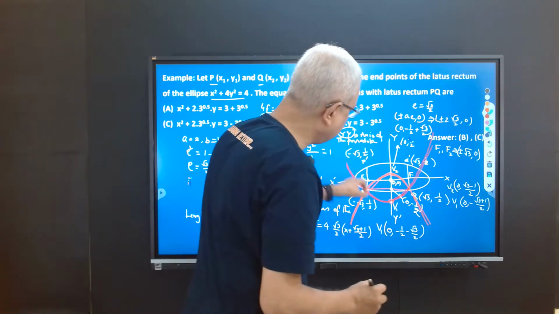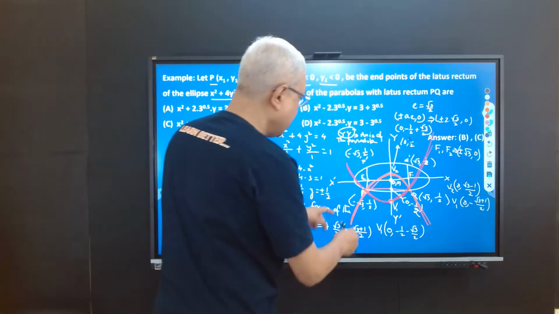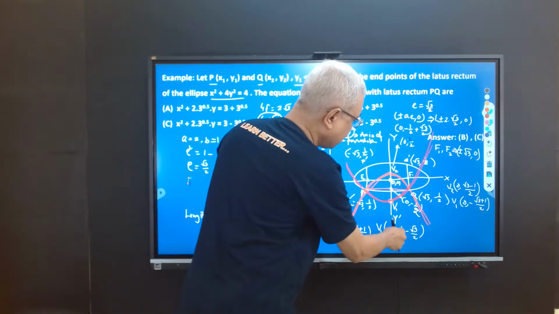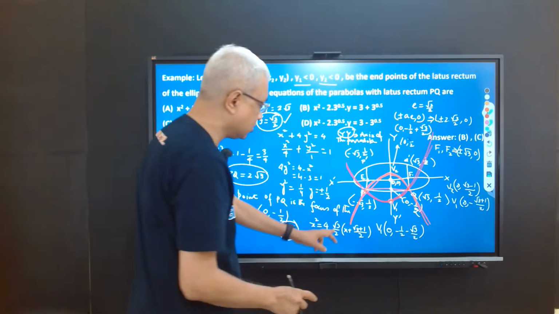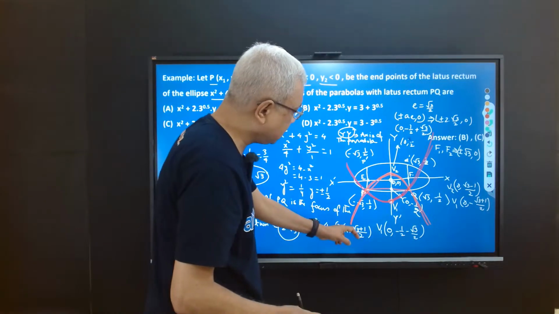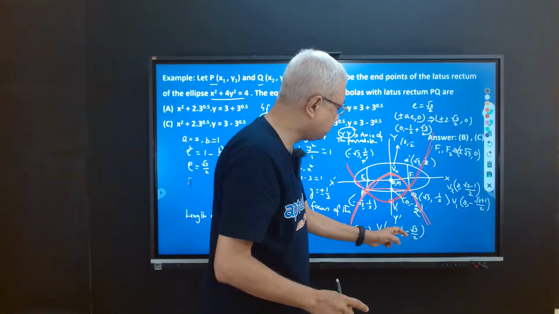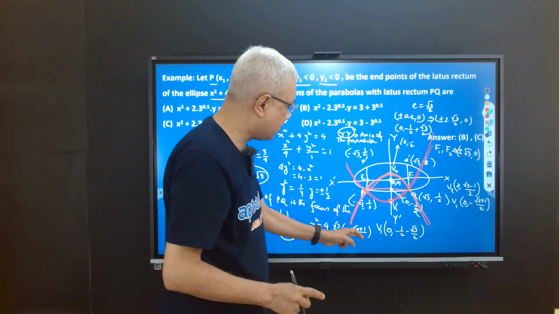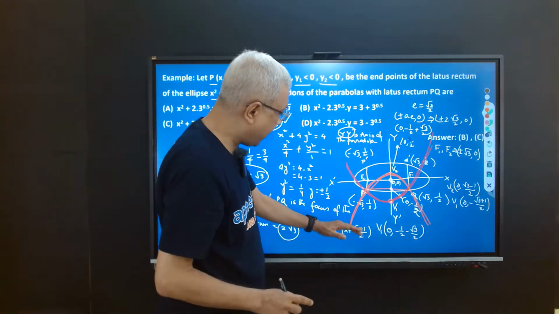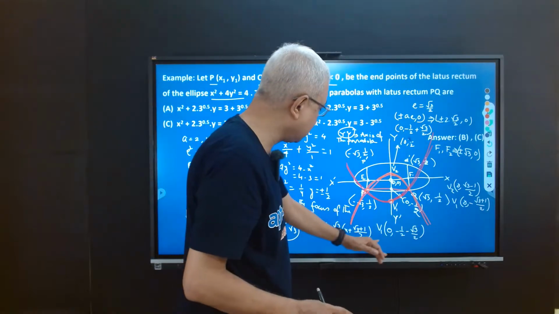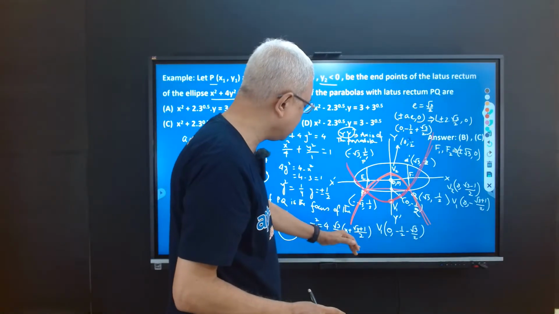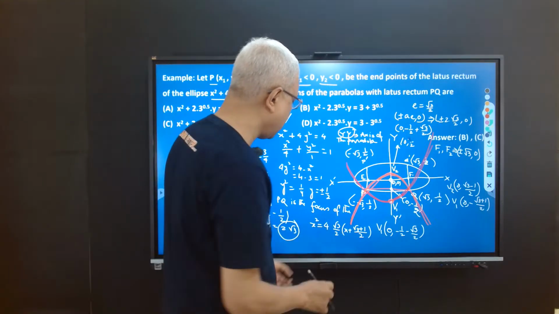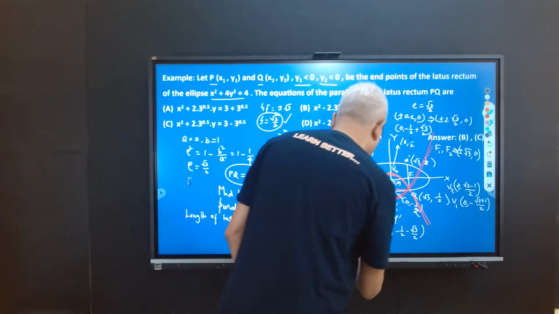This is the equation of this red parabola, because its vertex is 1 plus root 3 by 2 with a negative sign. So it is y minus root 3 plus 1 by 2, so it is y plus root 3 plus 1 by 2. And you see, if y is less than minus root 3 plus 1 by 2, the quantity x square becomes negative. So we do not get it. It is y, not x. This is y, sorry.